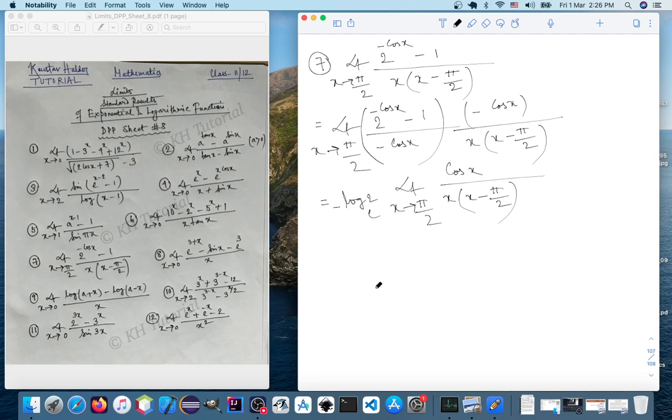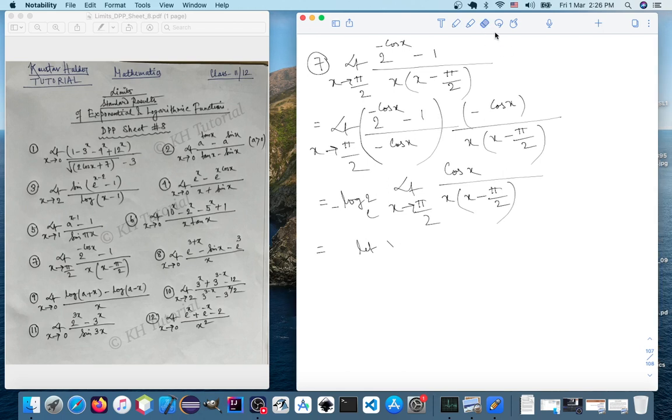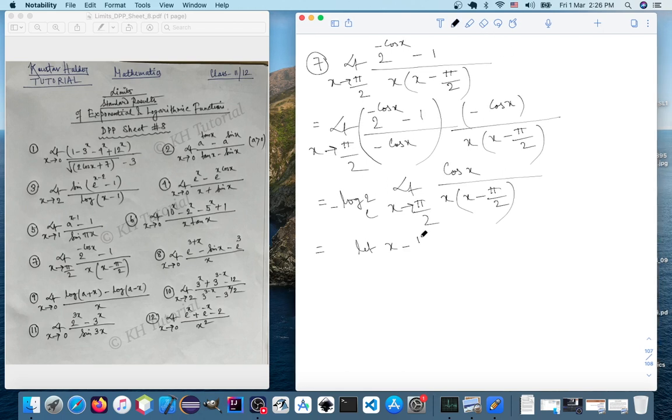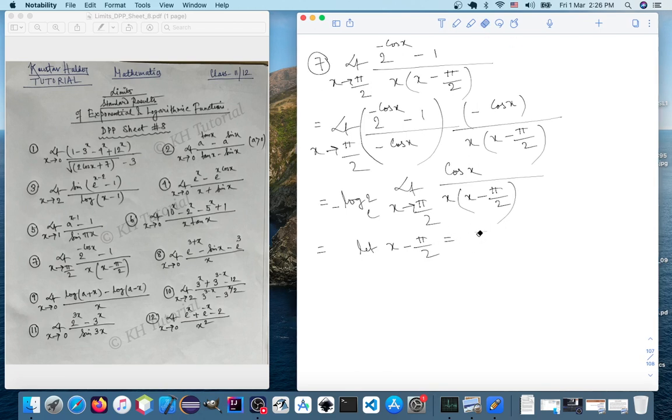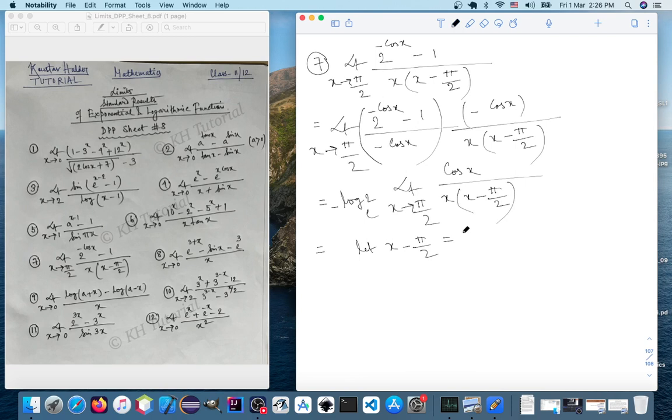So over here, let x minus pi by 2 equal t. This implies t tends to 0 as x tends to pi by 2.